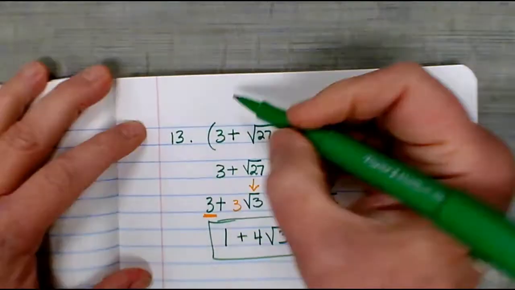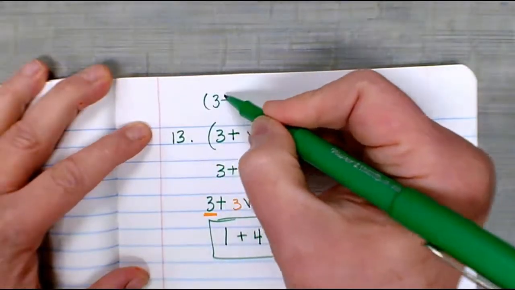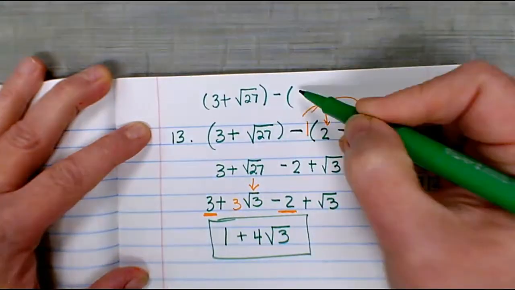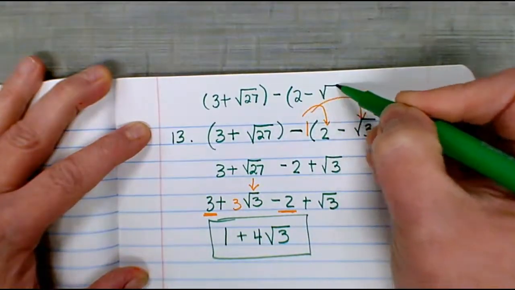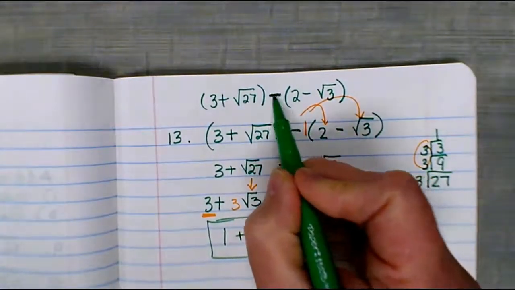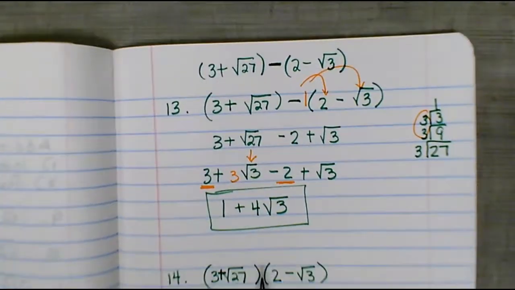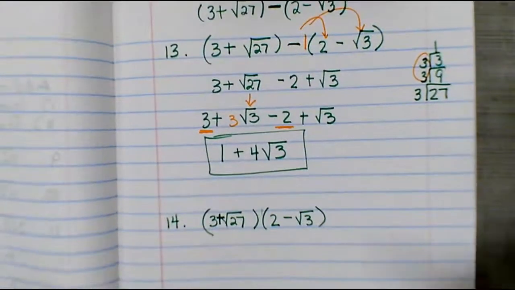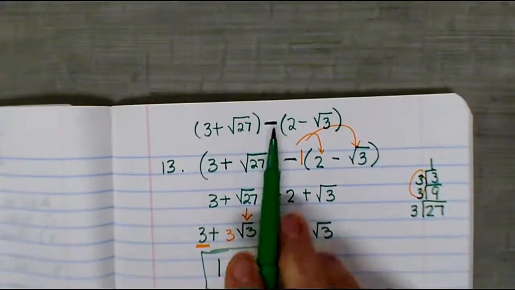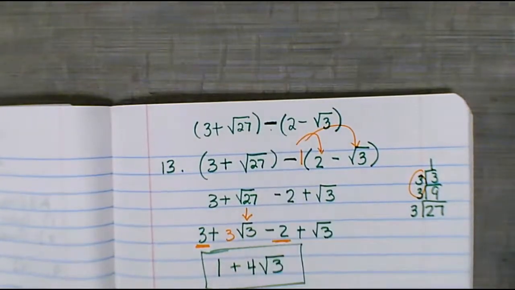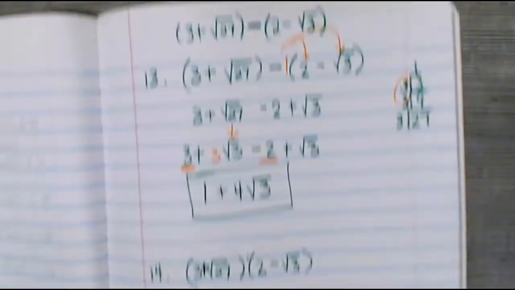Before I started distributing, this problem has a negative sign here. This problem doesn't have any sign in between the parentheses. If there is an adding or subtracting sign in between the parentheses, you simplify and combine like terms.